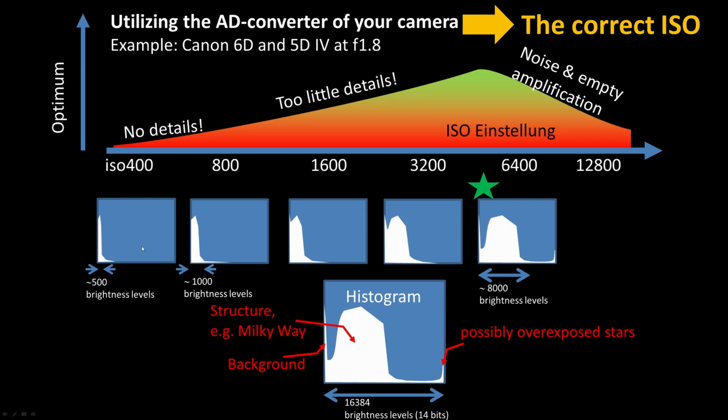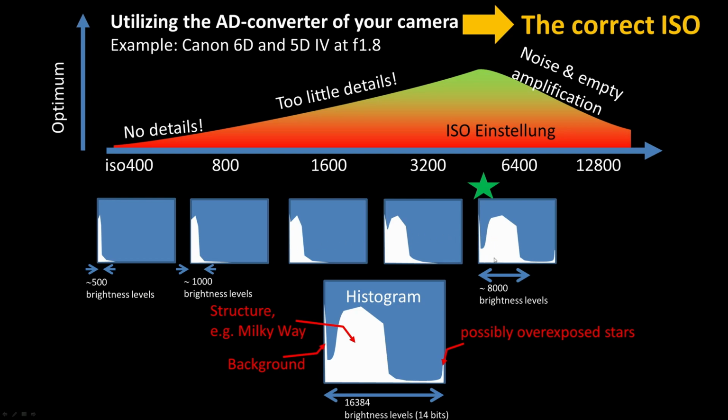If you increase the ISO, then this histogram is going to be smeared or distributed more and more across the whole graph. For example, at 800, your whole image happens within 1000 brightness levels.